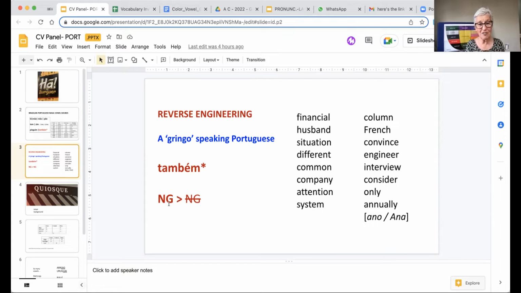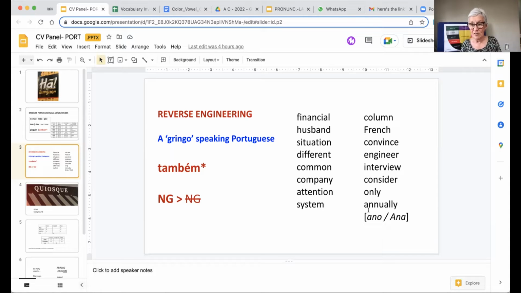And let's get rid of the nasality on those sounds. So for example, what would some of these words sound like? Financial. My husband is not the best example here. Situation. Common. Company. Company. Column. French. Convince, etc. You get the idea.